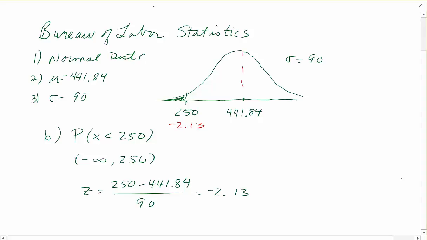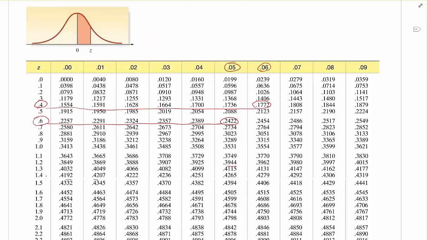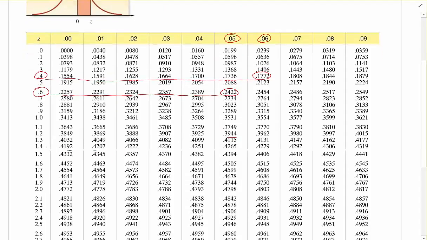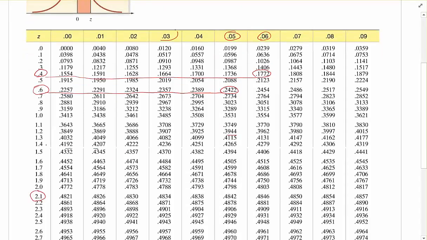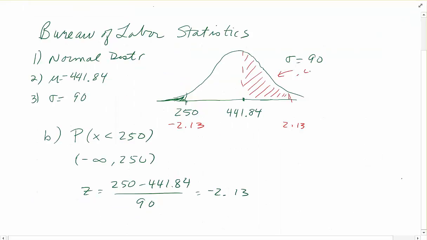But I have to look up a positive 2.13, and the table will give me the area out to that value. So 2.13, let's go to the table. 2.1 and 0.03. Looks like 0.4834. Of course, by symmetry, this is the same as this area here.